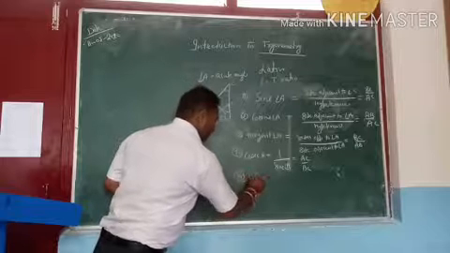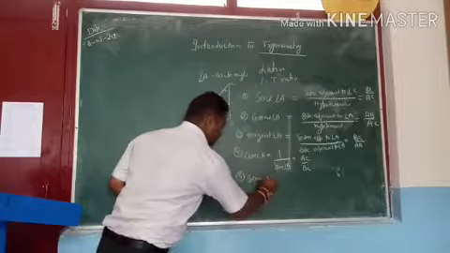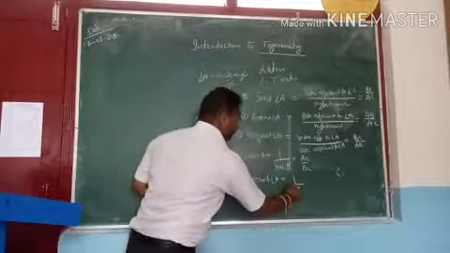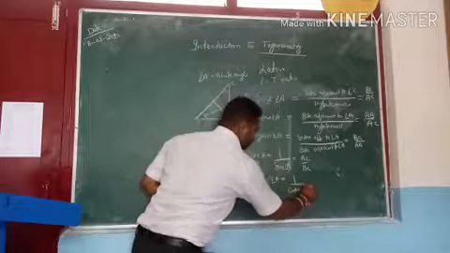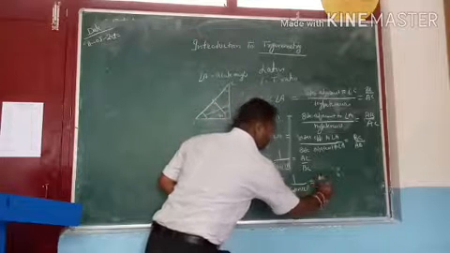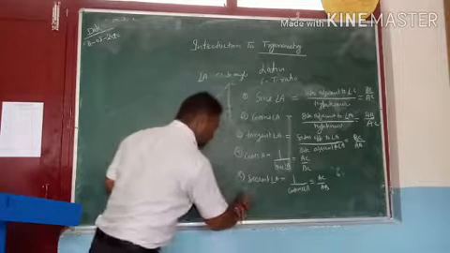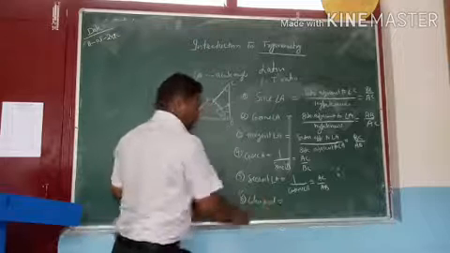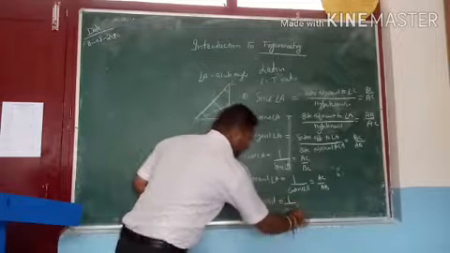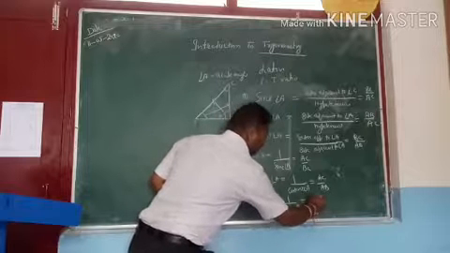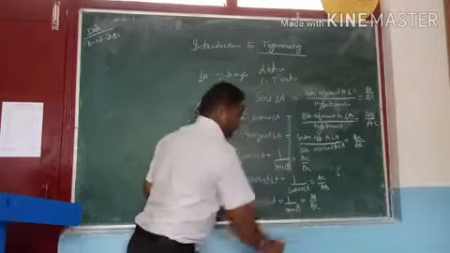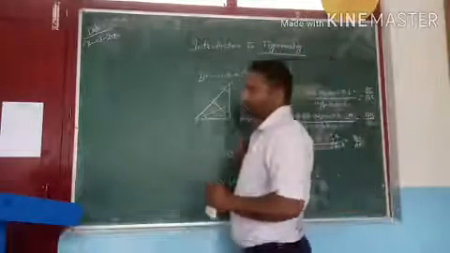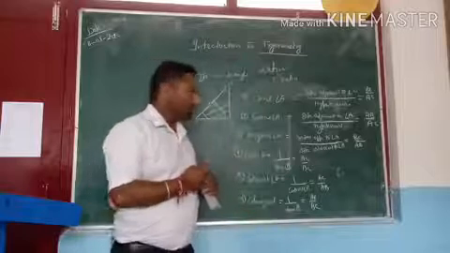Now the fifth is secant of angle A, which is the reciprocal of cosine of angle A, that is AC upon AB. And the last ratio is cotangent. Cotangent is the reciprocal of tangent, that is AB upon BC. So, according to the definition, these are the six trigonometric ratios.